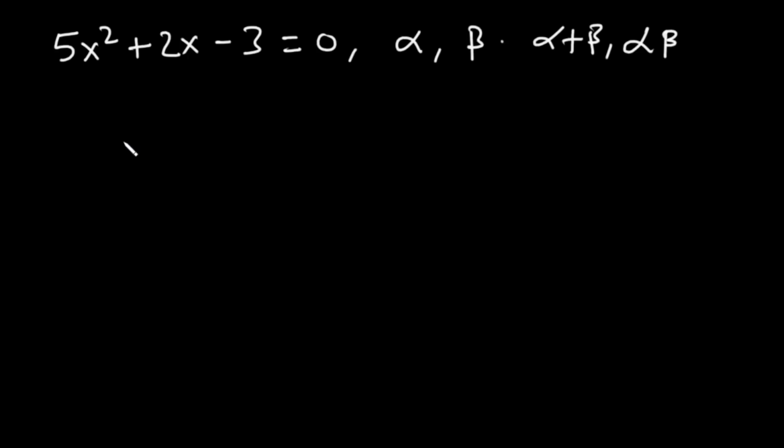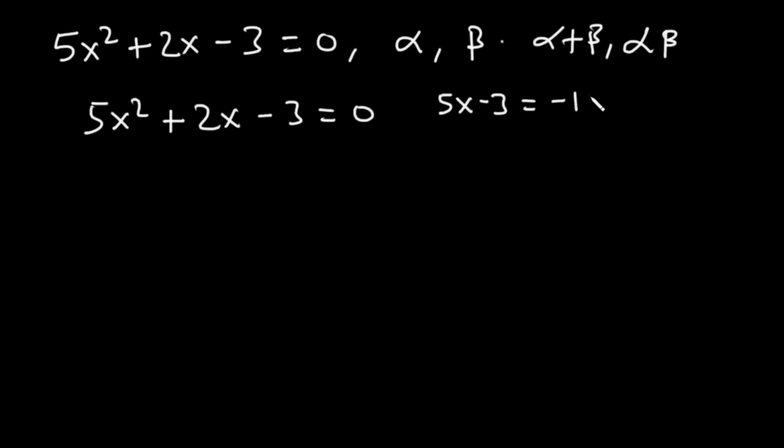Now formally, we would want to use the method of factorization. So having 5x squared plus 2x minus 3 is equal to 0, the coefficient of the x squared term is 5, and that of the constant is negative 3. So we can say that 5 times negative 3 is equal to negative 15.